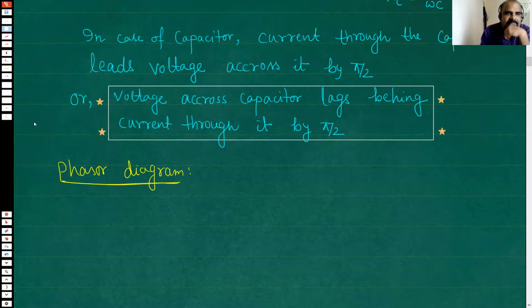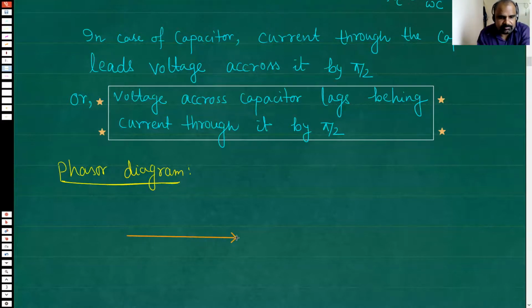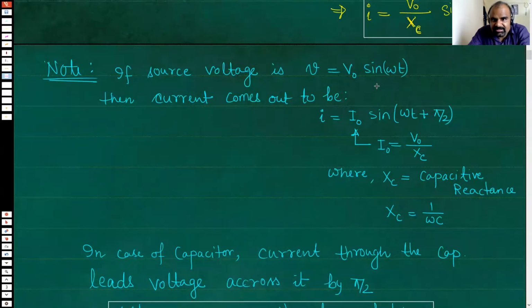Okay. So if I draw the voltage phasor with the help of this arrow, this is the voltage phasor. Which way should we draw the current phasor? Should we draw the current phasor in the same direction? Perpendicular to it. Yeah, perpendicular to it. Because see, the phase angle of voltage and the phase angle of current, which one is greater?